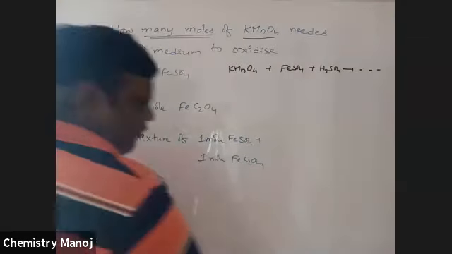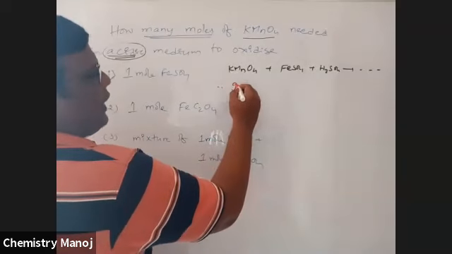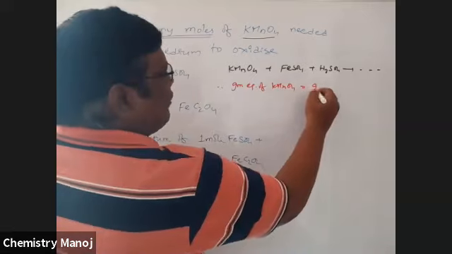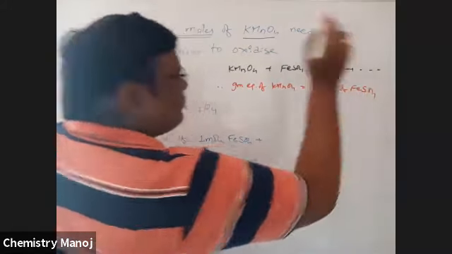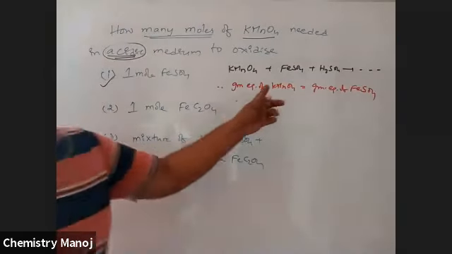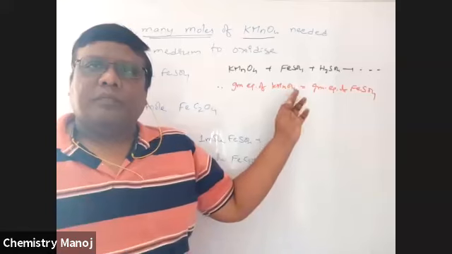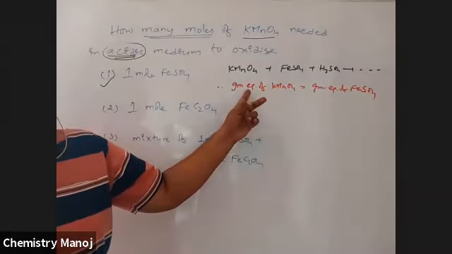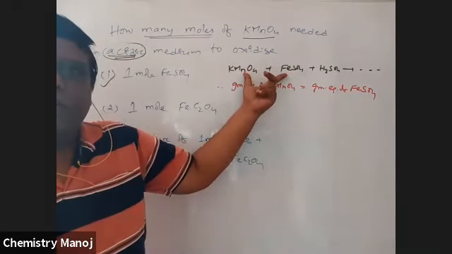According to our law of chemical equivalence, gram equivalence of KMnO4 is equal to gram equivalence of FeSO4. Is this statement correct, dear boys? Because it is the reaction between FeSO4 and KMnO4.